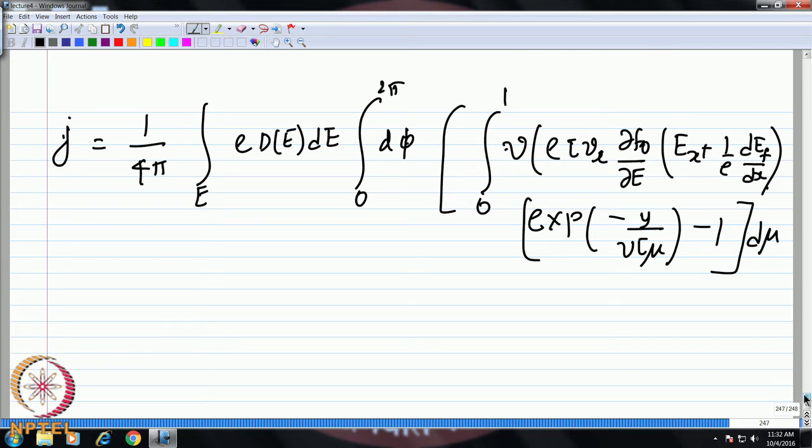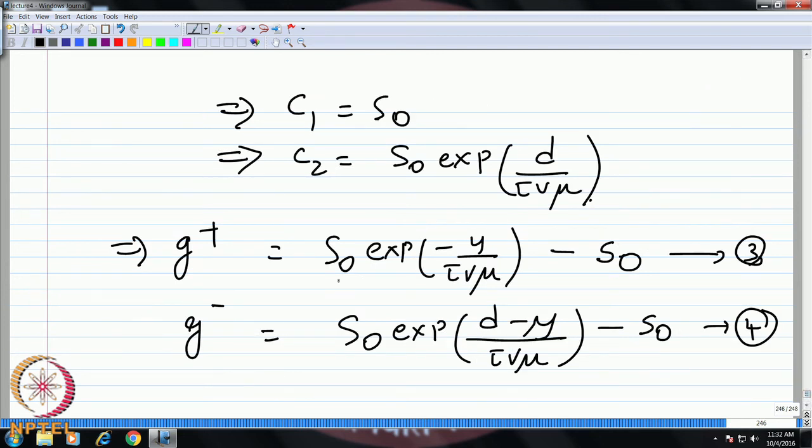So, essentially in equation 3, I am taking S naught common. So, we have this minus 1, and S naught I have simply substituted from there. Okay.